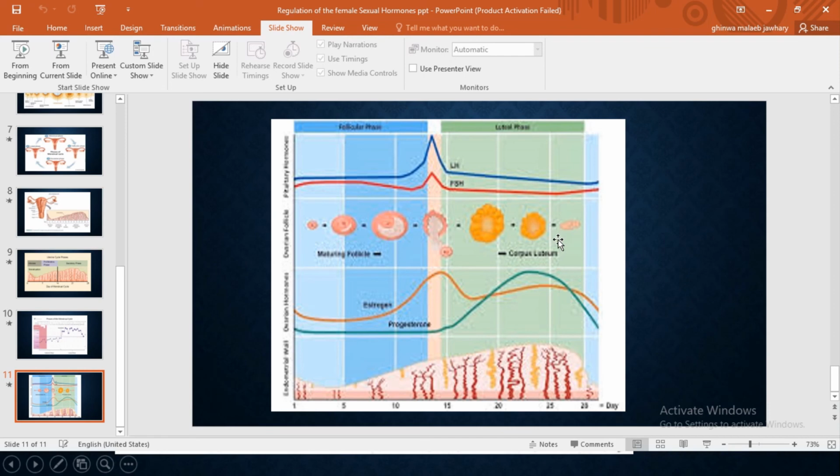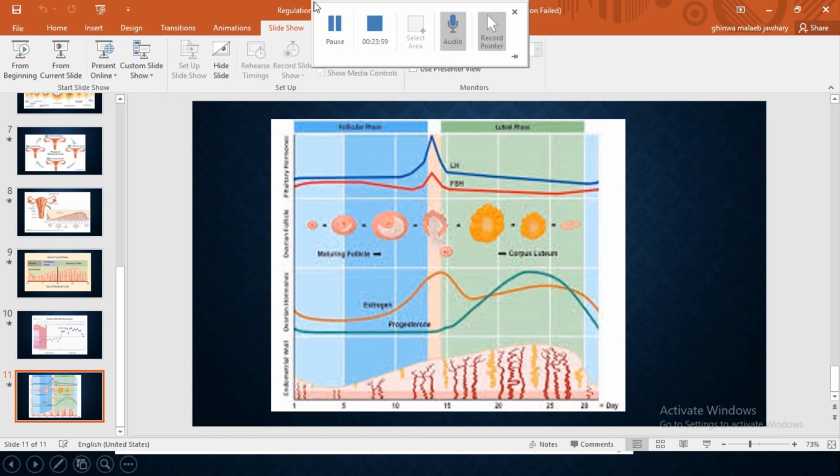So here, the corpus albicans degenerated. At the same time, the same happened to the endometrial lining. It sheds off. So menses starts again. So this marks the end of the cycle at the level of the ovaries and at the level of the uterus, and the beginning of a new cycle.